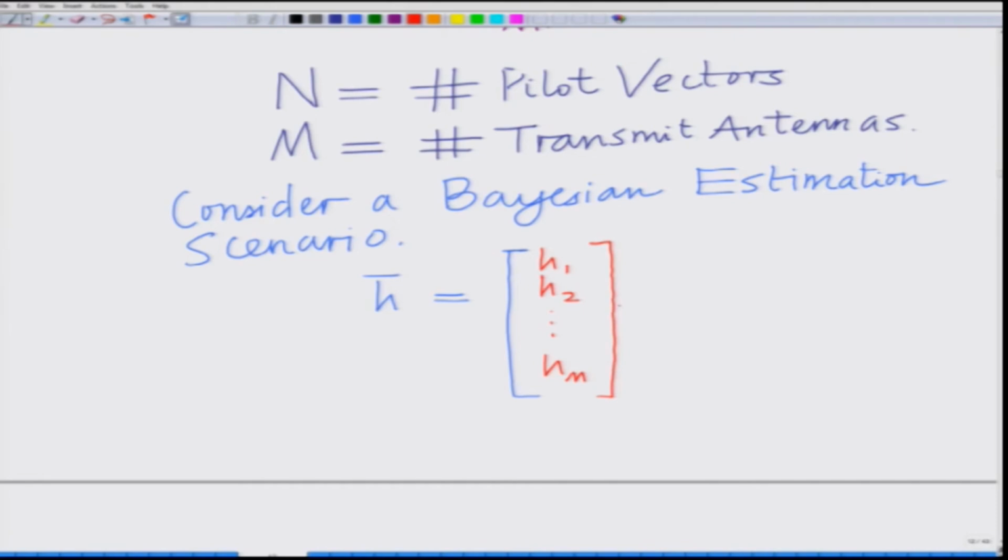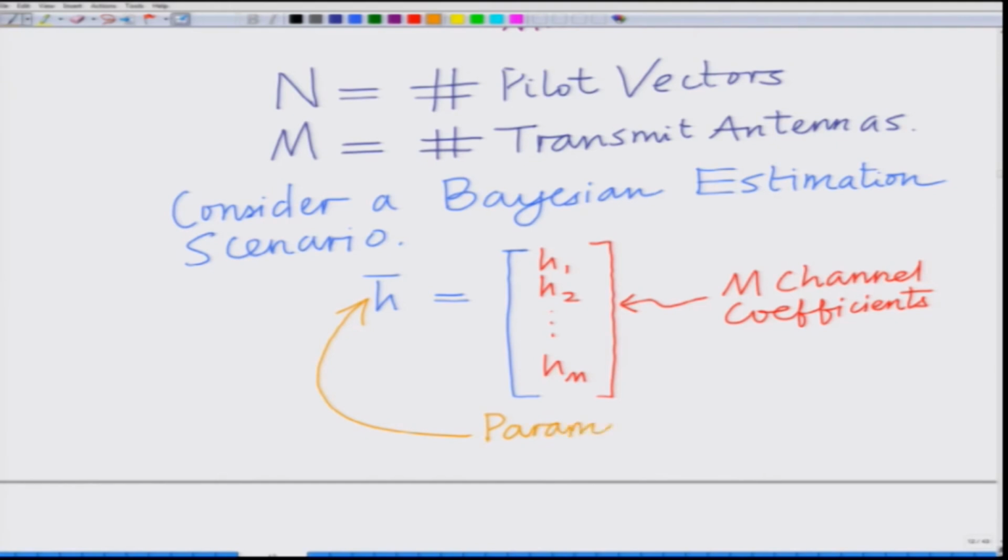So h bar is a collection of M parameters, and this is your parameter vector.